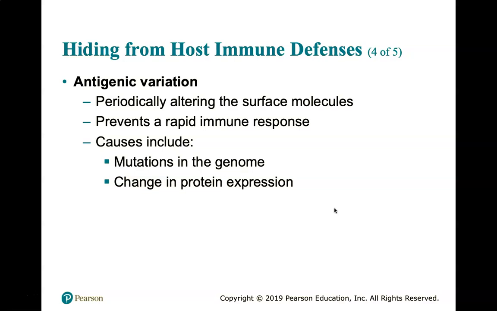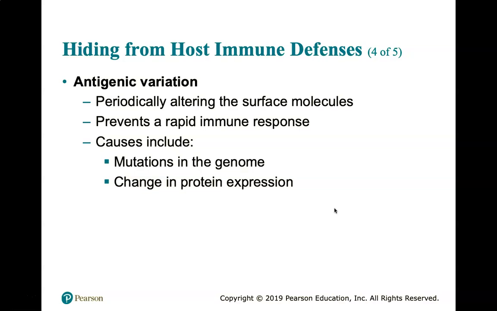Now, the problem with this is our immune system recognizes, let's say, the original surface molecule, the original antigen from the disease-causing microbe, the pathogen. It recognizes that and says, okay, I need to fight this.